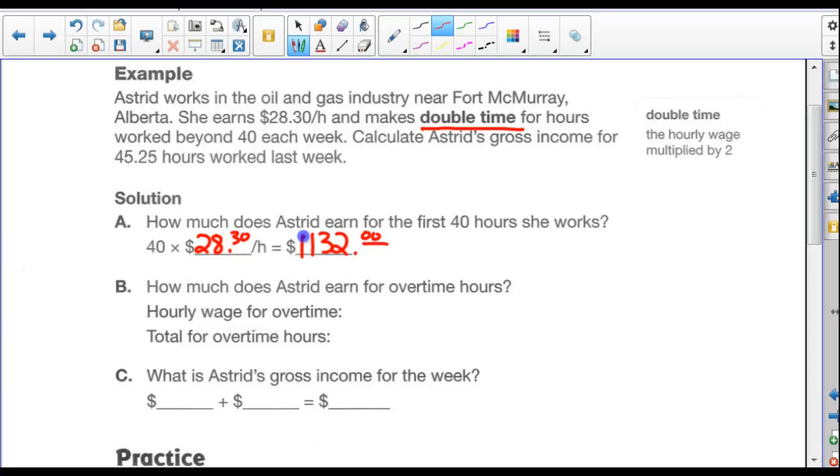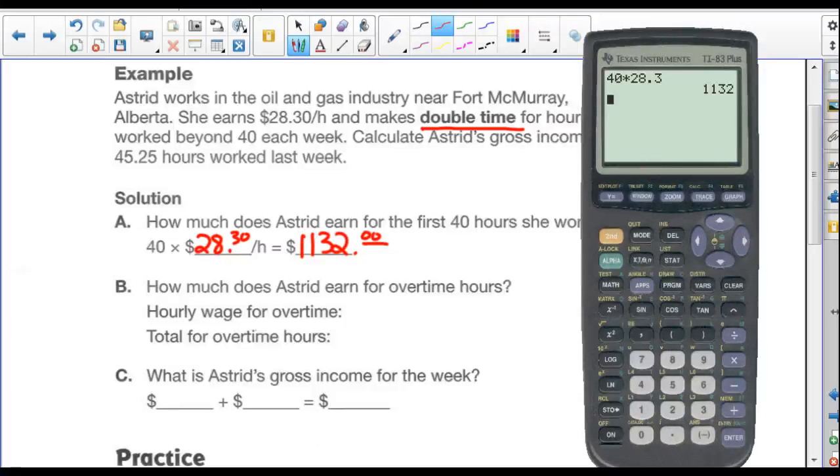How much does Astrid earn for the overtime hours? Well, hourly wage for overtime. So she's going to make double time. So instead of $28.30 per hour, we take our calculator, go 28.3. That's how much she makes per hour normally.